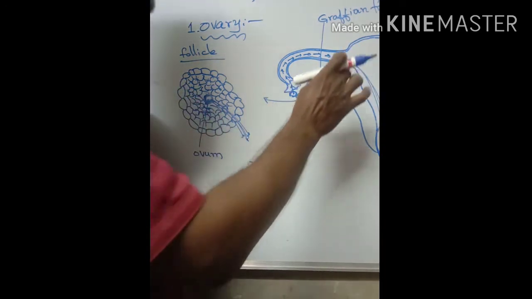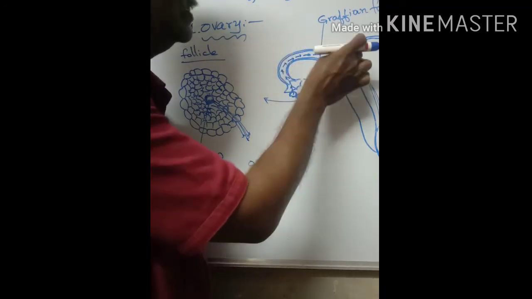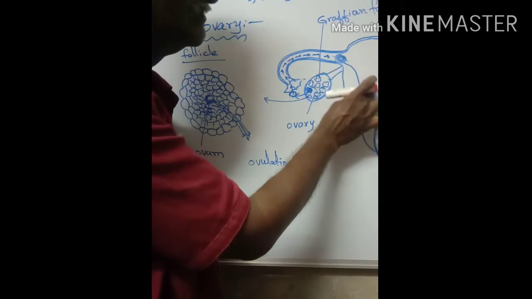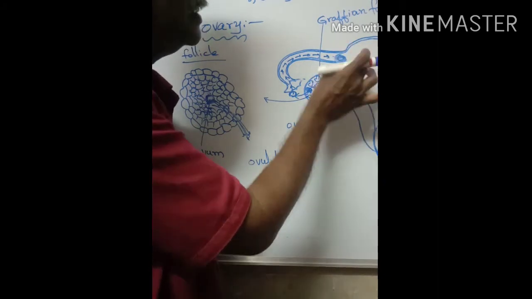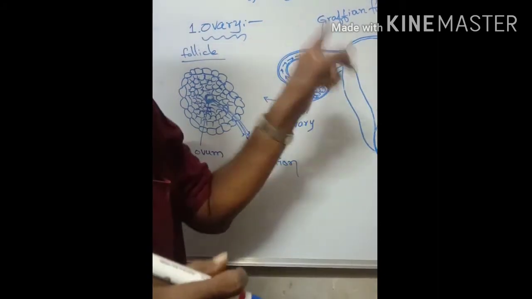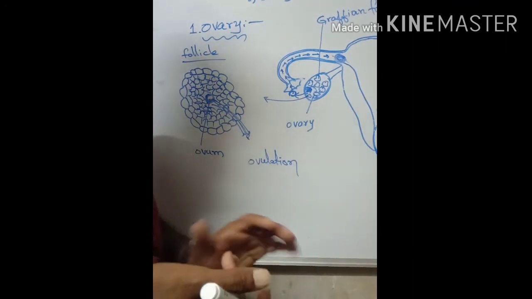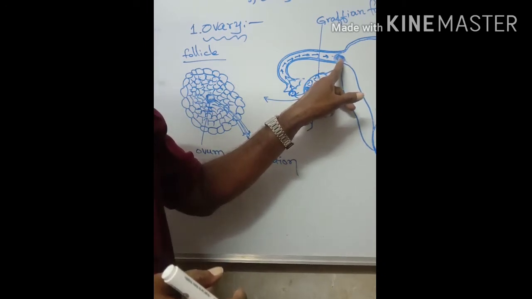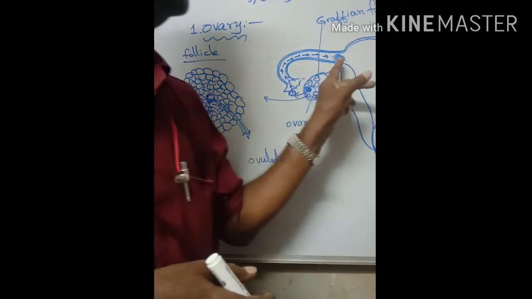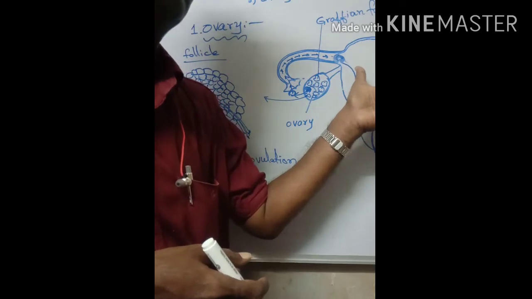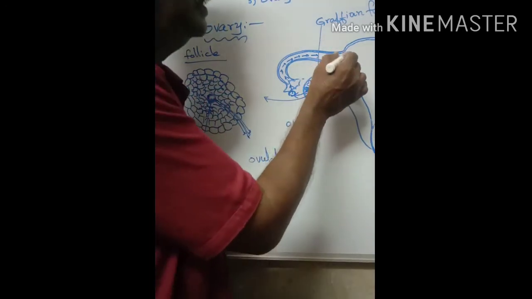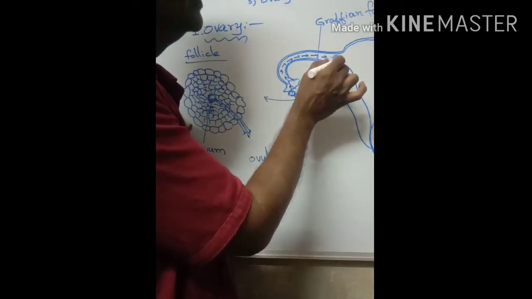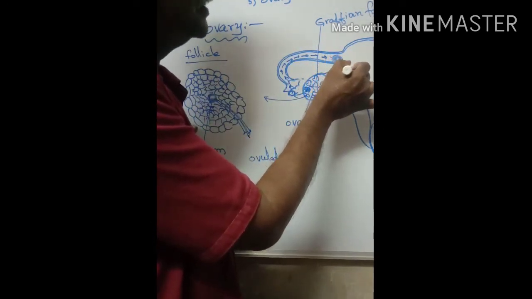If, when the ovum is here, sperms do not reach and join with the ovum, what happens? If the ovum reaches here, it stays here for 1 day. Within 1 day, if sperms do not reach, then after completion of the 24 hours, it slowly moves towards this side.